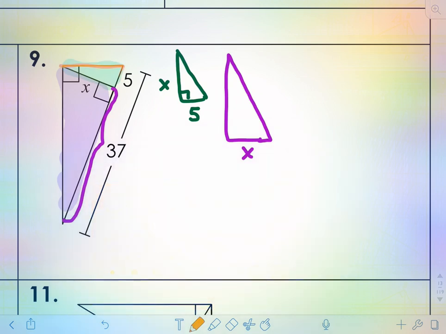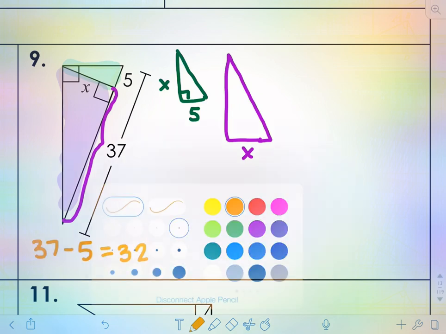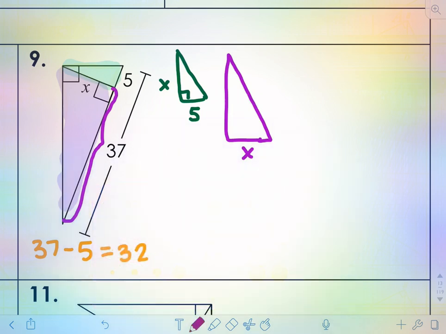But they also tell us that the base of that little green triangle is 5. So we're going to subtract that to find the long leg on the purple triangle. Okay, so 37 minus 5 gives us 32. So the long leg is 32.